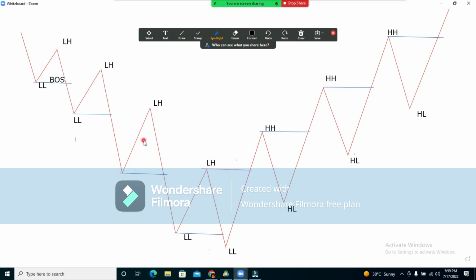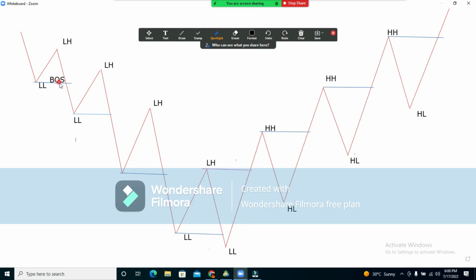Now I just want to show you this strategy, this change of character. So if you have been seeing, you can also say BMS. Some people say BMS or MBS. So it can be BOS or BMS. Then here there's a change of character. Sorry, you said BOS is what?